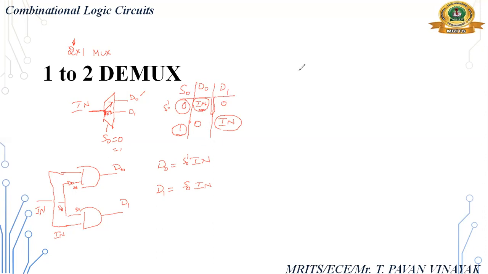Another way of representation of truth table is, S0, IN. Now D0, D1. Right? So inputs are 2, outputs are 2. How many combinations we get for input? 0, 0, 0, 1, 1, 0, 1, 1.